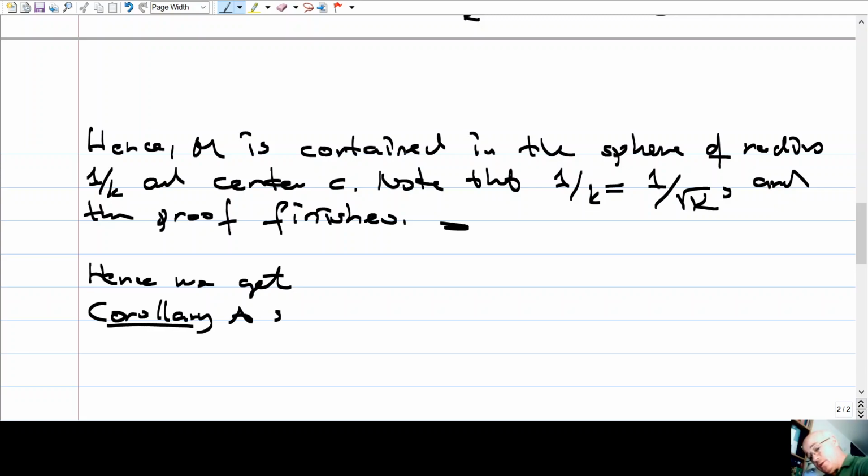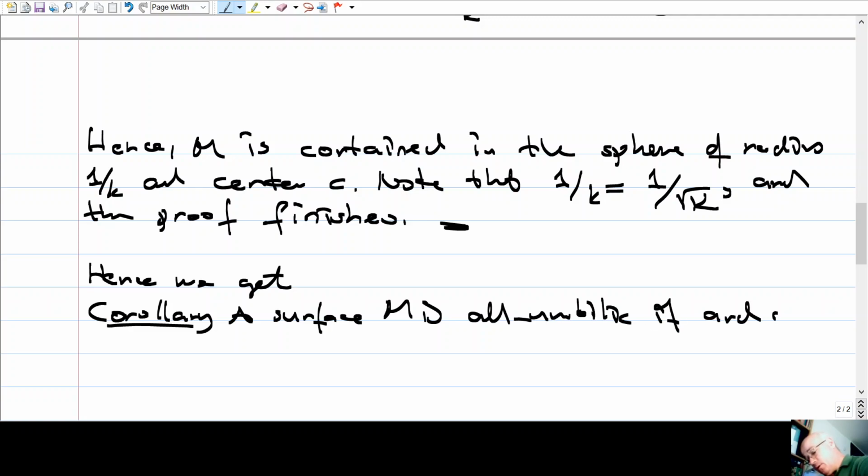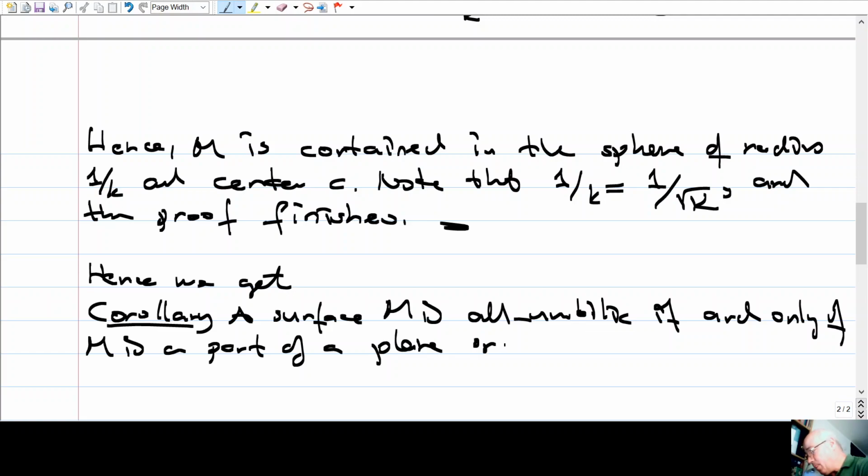A surface M is all umbilic if and only if M is a part of a plane or a sphere.